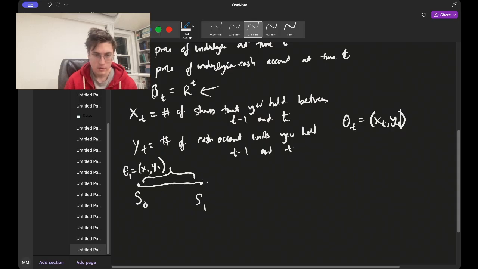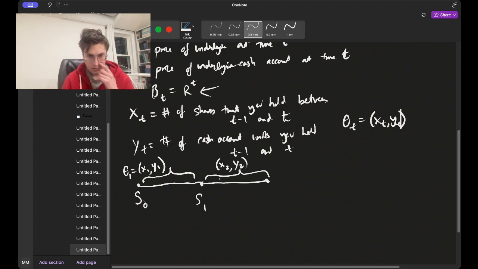And as soon as S1 starts, we have to reevaluate again, because the solution to the risk neutral probabilities and the solution to replicating the option payout is different now. So now we have to choose a new x2, y2 to replicate the new option payout that depends on S1.